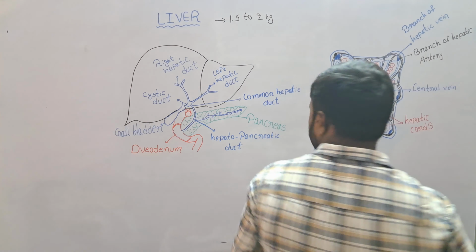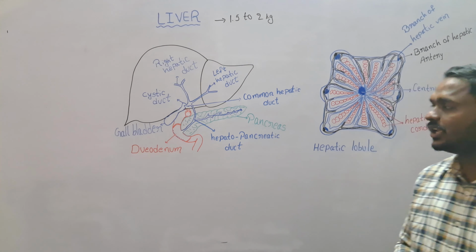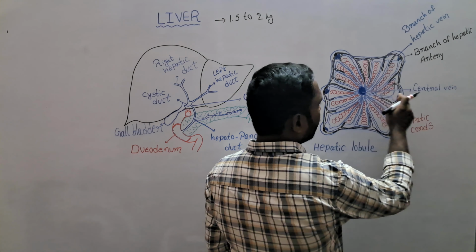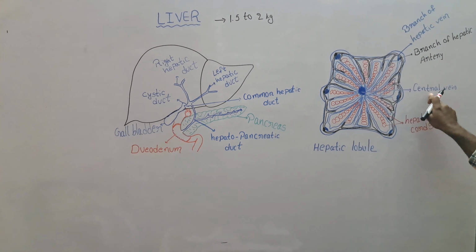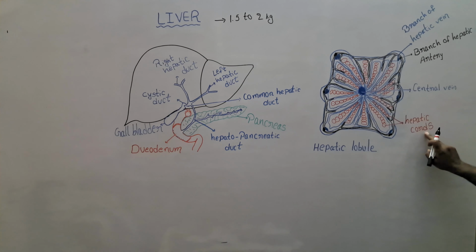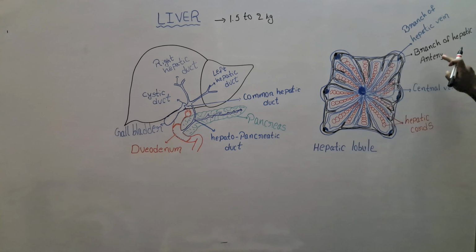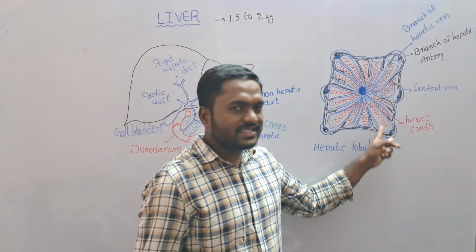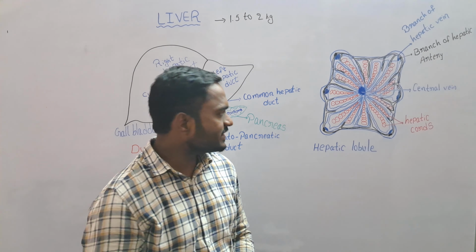Hepatic lobules are the structural and functional unit of the liver. In a hepatic lobule, the middle part is called the central vein. The central vein is surrounded by hepatic cords, hepatic veins and the hepatic artery. In the hepatic cords, there is a sequence of hepatocyte cells.